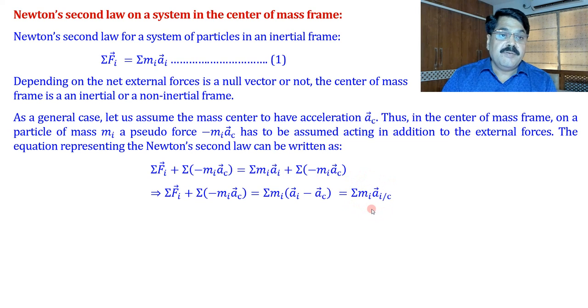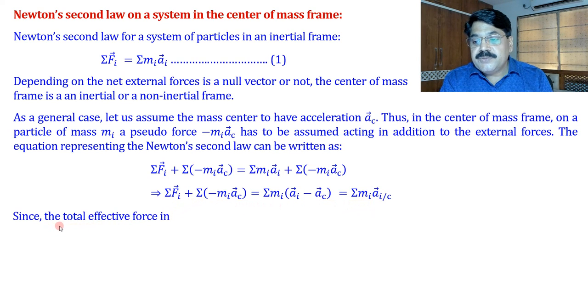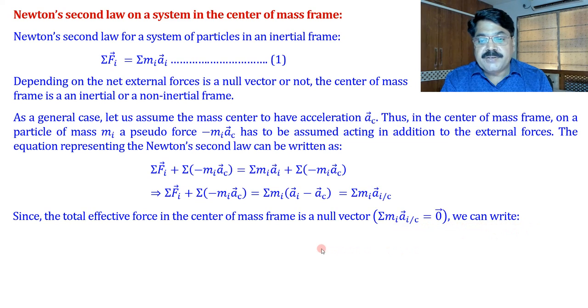We have seen it from the fundamental properties of the center of mass frame. So putting it as null vector, what do you get? Since the total effective force in the center of mass frame is a null vector, summation Mi Ai with respect to C is a null vector, we can write summation Fi plus summation minus Mi AC is equal to null vector.